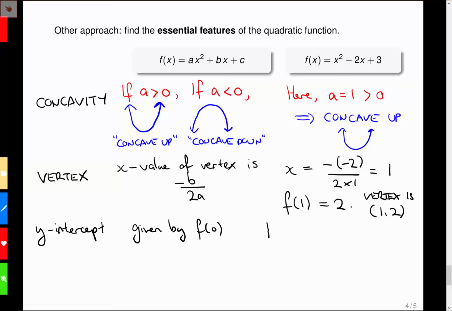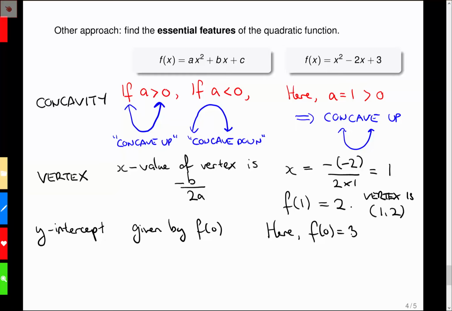Here, evaluating f of 0, we get 3, which is precisely the constant term in the quadratic, since all the terms containing x will become 0. In general, the y-intercept of any polynomial function will always be its constant term. If you have never heard of the term polynomial, don't worry yet, you will soon.